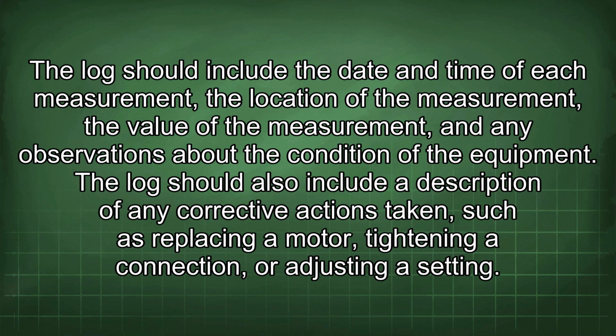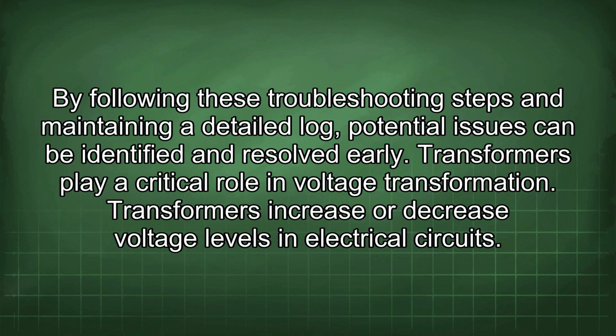The log should also include a description of any corrective actions taken, such as replacing a motor, tightening a connection, or adjusting a setting. By following these troubleshooting steps and maintaining a detailed log, potential issues can be identified and resolved early. Transformers play a critical role in voltage transformation.